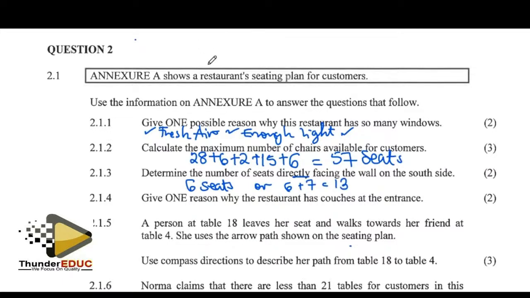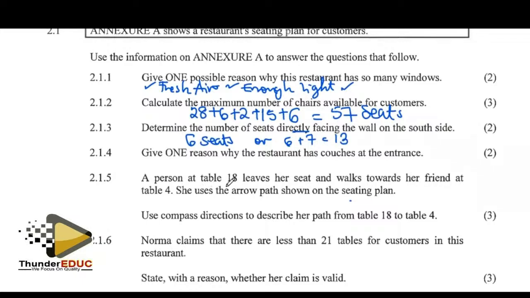All right, let's give one reason why the restaurant has couches at the entrance. Definitely the couches will be used by those who are waiting for takeaways, I believe. Not for customers who are waiting for their orders to stand in the queue. You know, it confuses. For example, if you go to KFC and you find people waiting to collect, there will be a line, as well as those waiting to order.